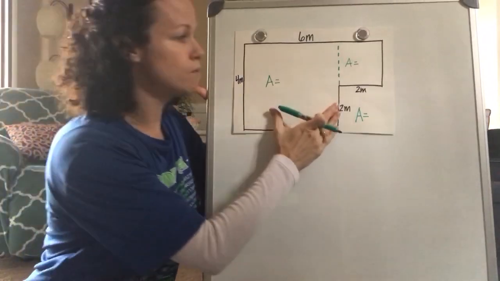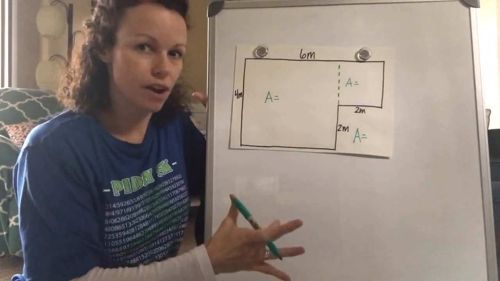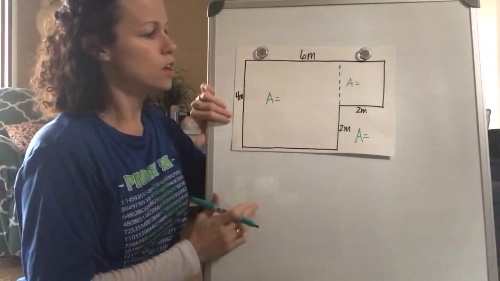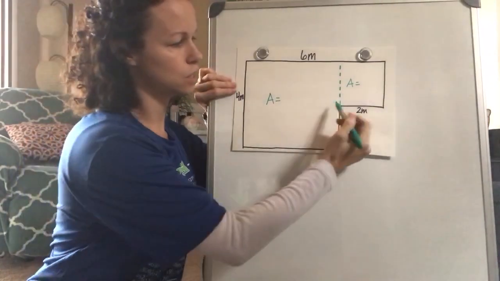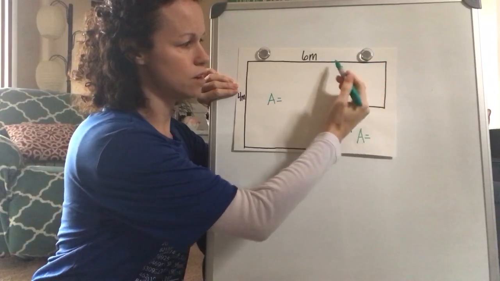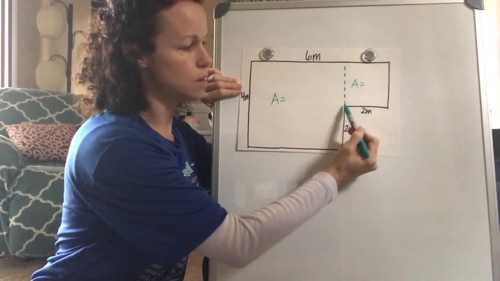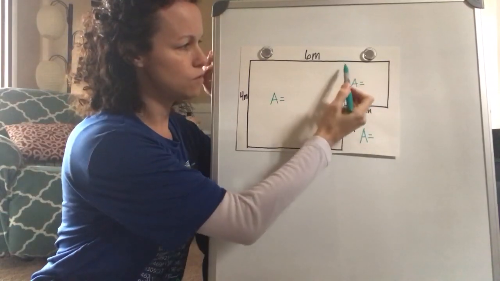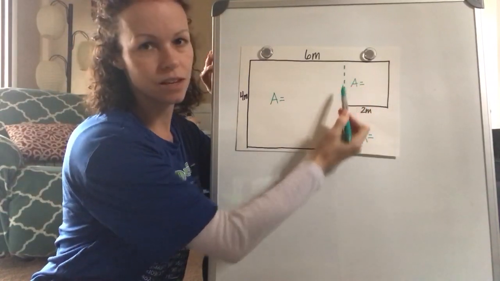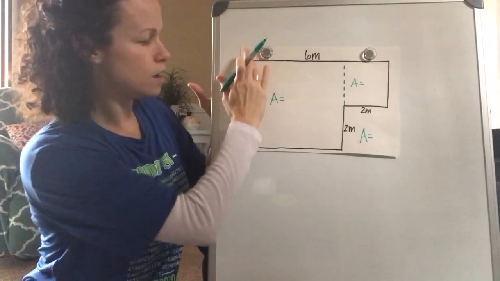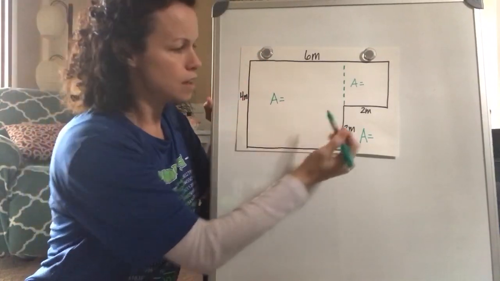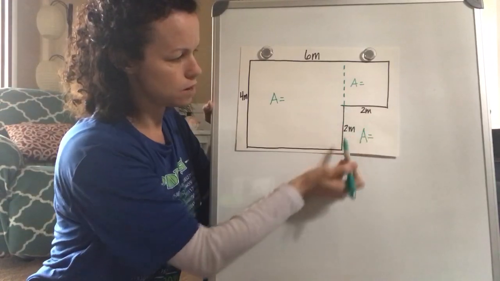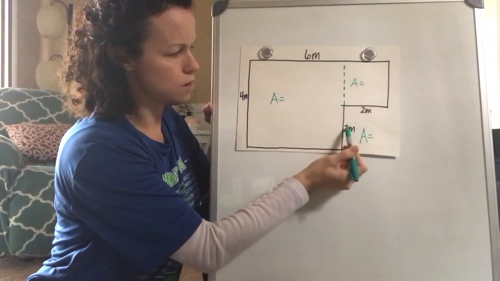Now, when we break it up into two shapes, we need to be very careful and look for the measurements that we need for the area. So let's start with this small rectangle here. With this small shape, I have this 2 meters already labeled for me, but I have to figure out what this is. If I look over on this side, from here to here on the shape is 2 meters.